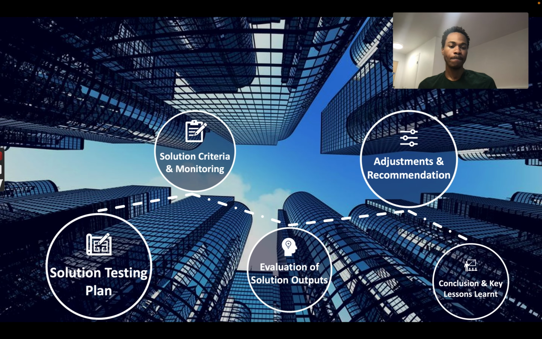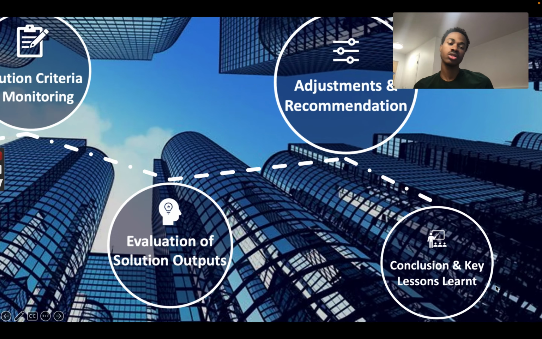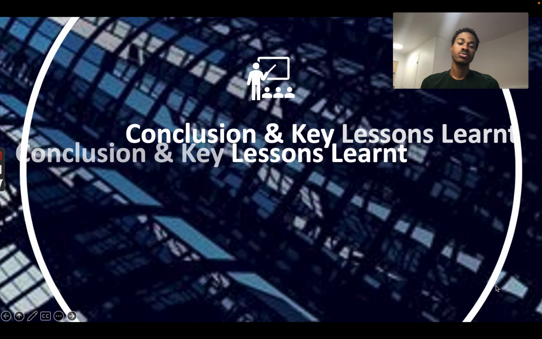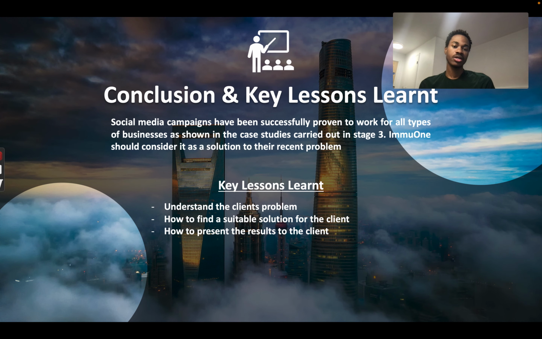So yes, now to conclude, social media campaigns have been successfully proven to work, as shown in the case studies I did in stage 3 and stage 2, and it works for all businesses.